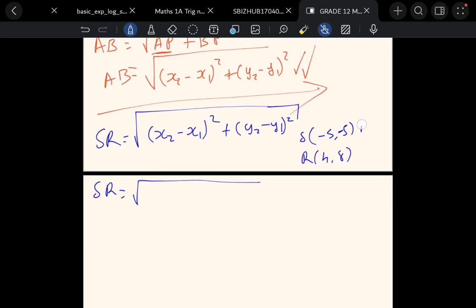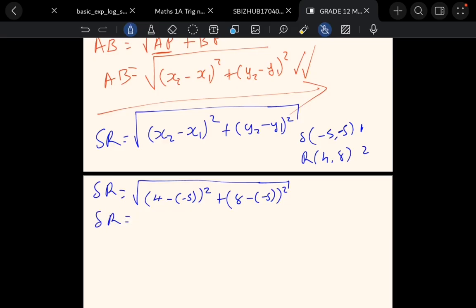So let's say point 1 and point 2. Substitute x2: 4 minus negative 5, all squared, plus y2: 8 minus 5, all squared. That's how.